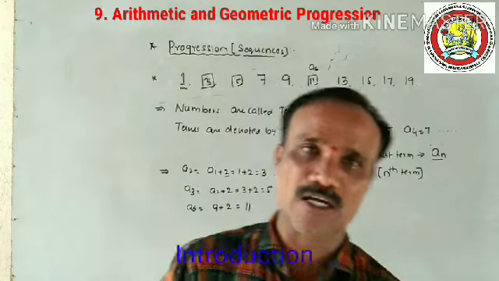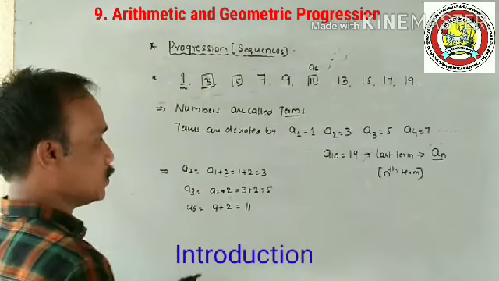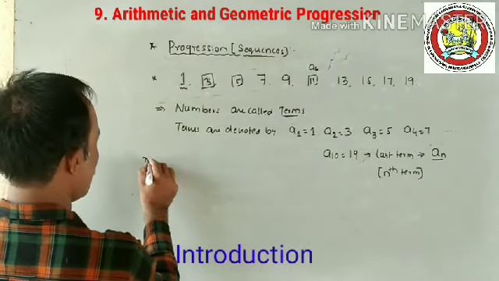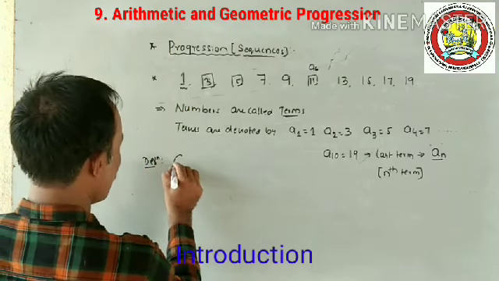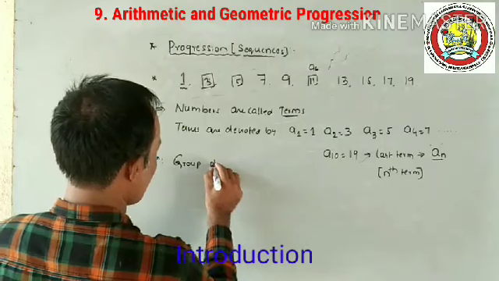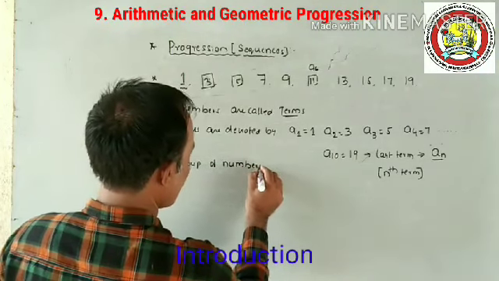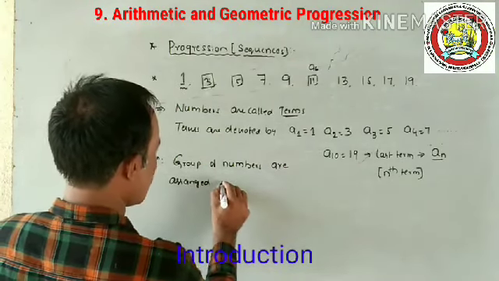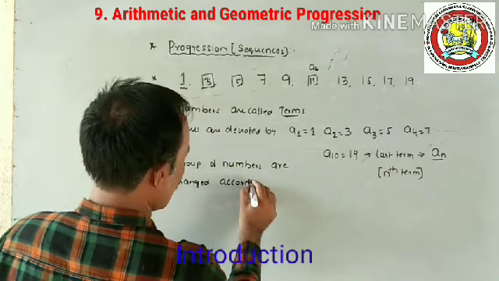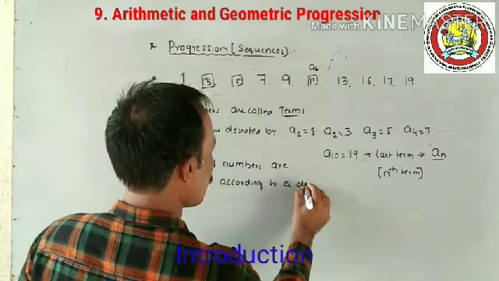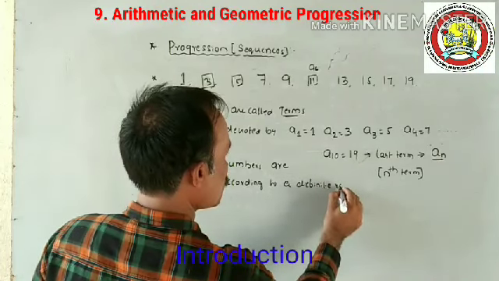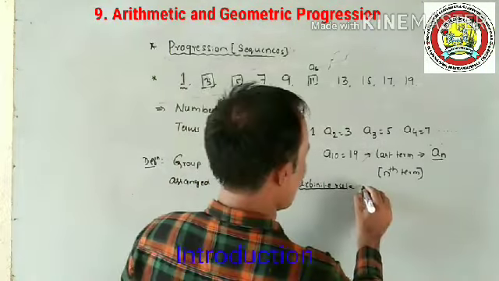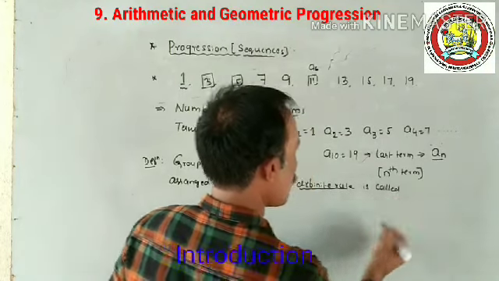Note down the definition please. A group of numbers arranged according to a definite rule is called a progression.